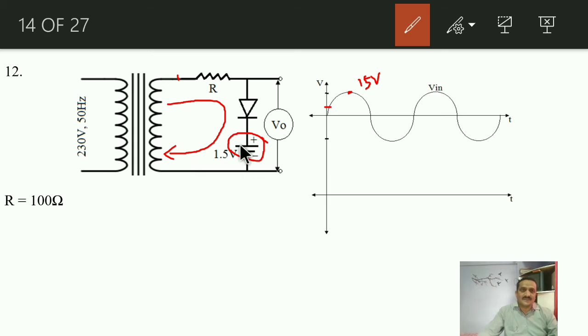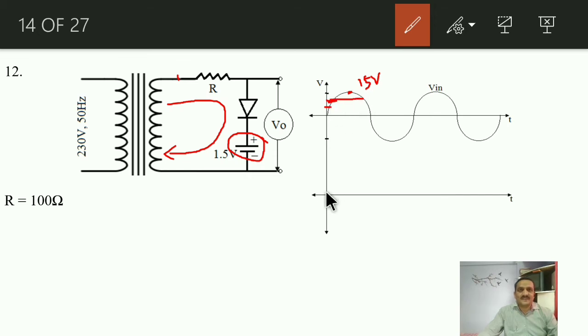It will overcome the barrier, but the extra barrier is connected in series with it. So the total barrier of this series combination is 0.7 plus 1.5, so it is 2.2. That means the input has to reach 2.2, only then diode will start to conduct, and the output will get maintained like this.